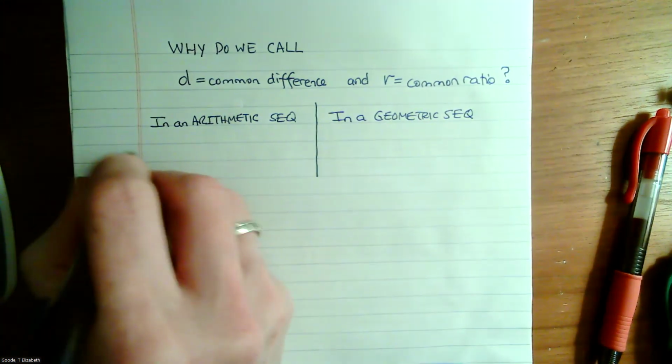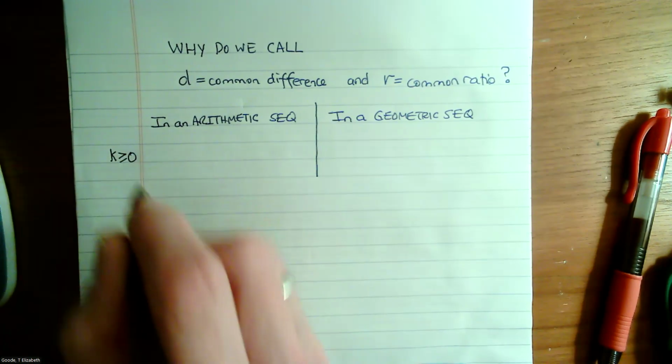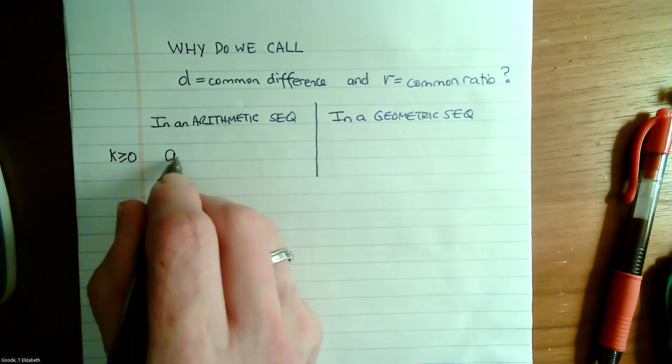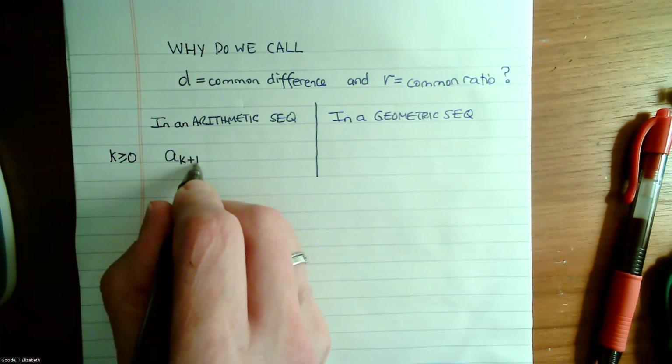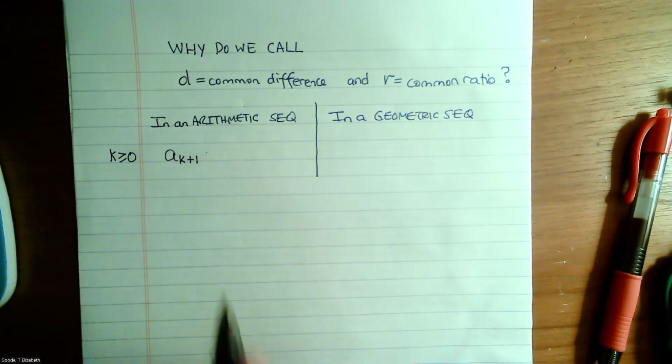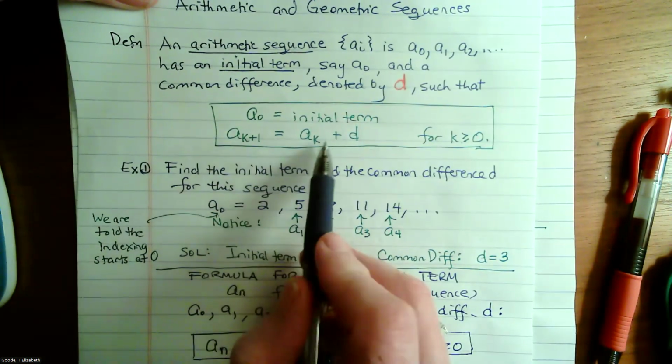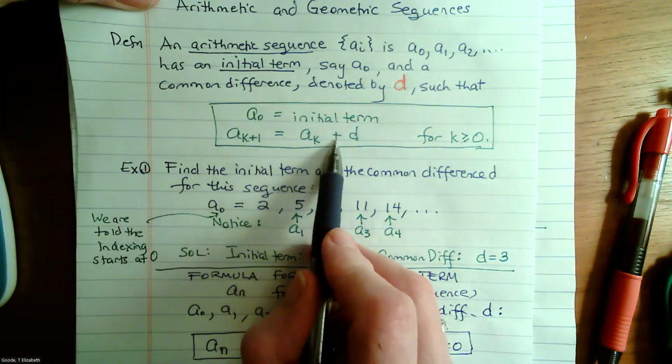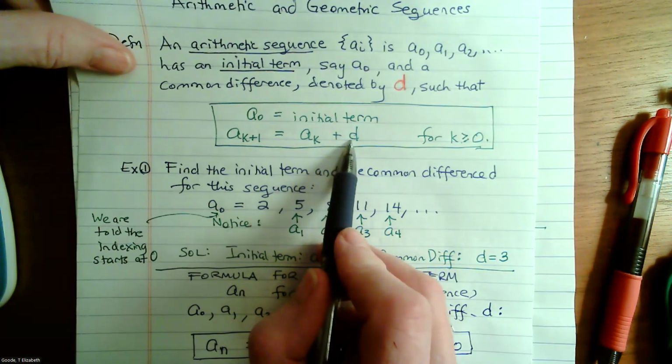If we think about k being greater than or equal to 0, if we look at a sub k plus 1, we have a formula that a sub k plus 1 is a sub k plus the common difference d.